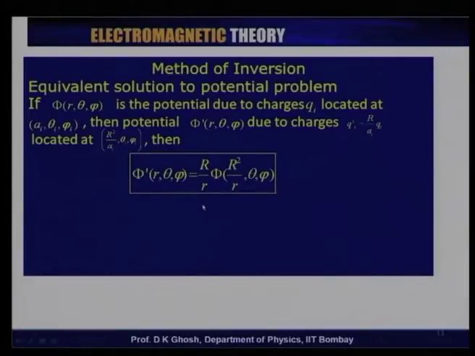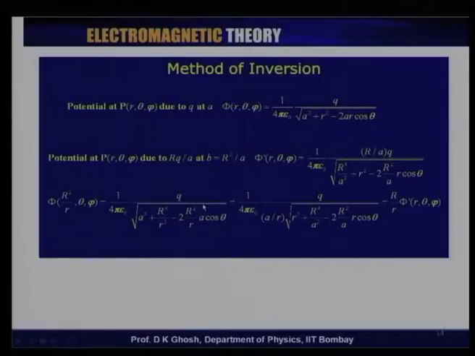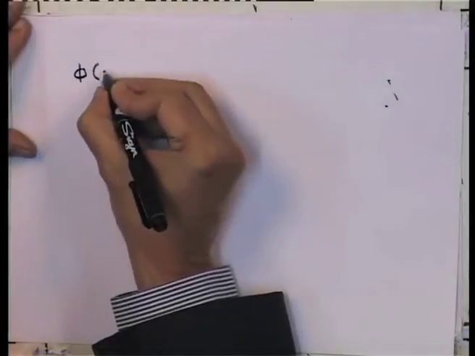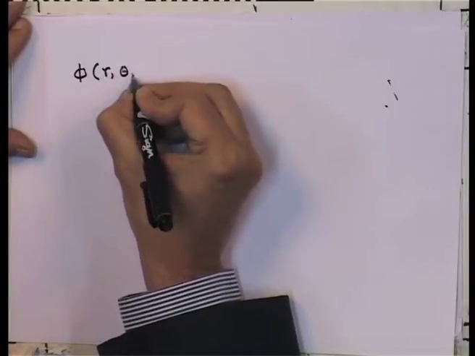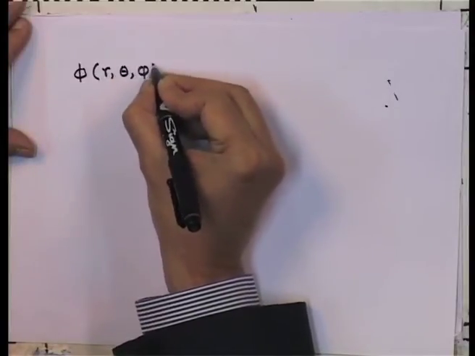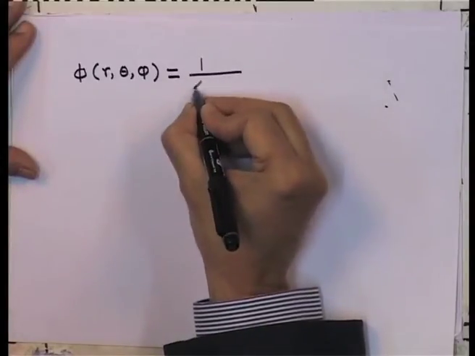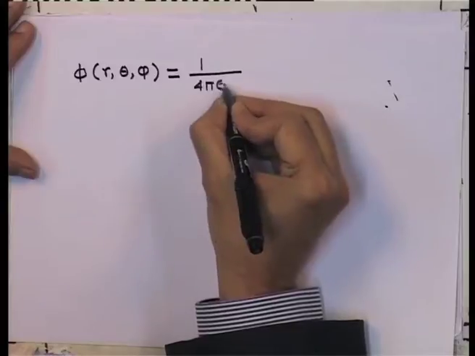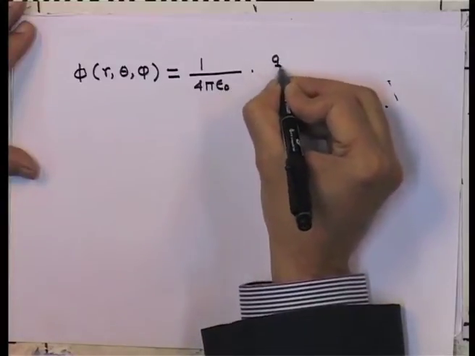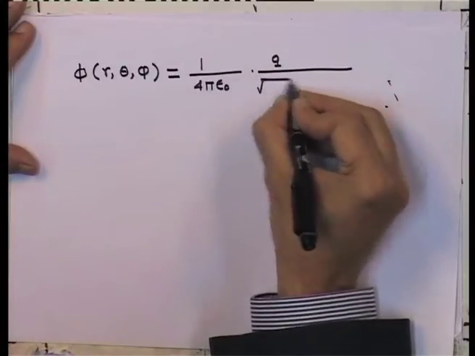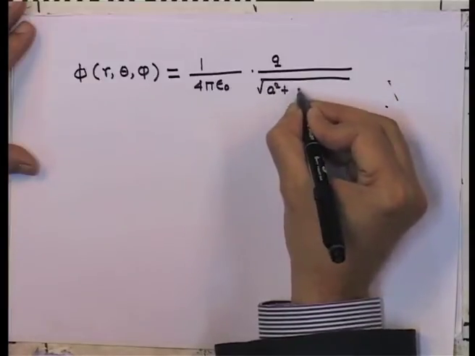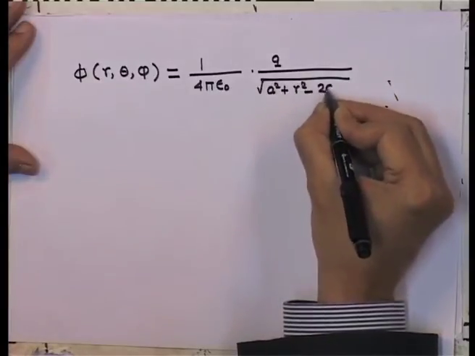Now, one can easily show this relationship by making some observation. Notice that due to the point charge at the distance a, the potential at an arbitrary point P with coordinates r theta phi, we had seen, is given by 1 over 4 pi epsilon 0 times q divided by the square root of a square plus r square minus 2 a r cos theta.